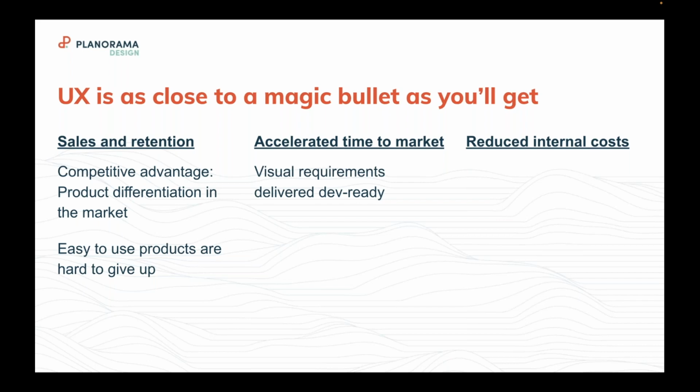When we get into time to market, designers typically design faster than developers. That's what they do all day long. And developers typically develop faster than designers. So if you make developers or product managers or anyone else design the application, it slows down the entire process. If you have everybody doing their job, developers developing, and designers designing how the screens and workflows are going to look, then everybody has what they need to execute.